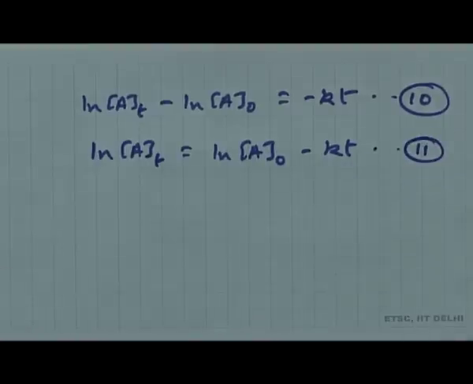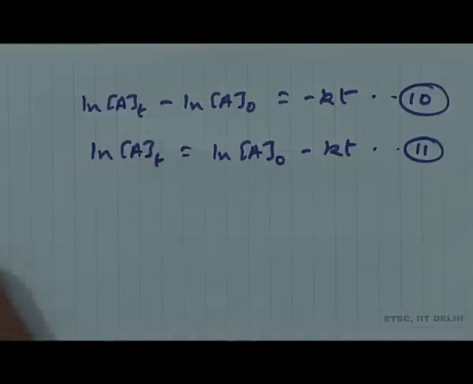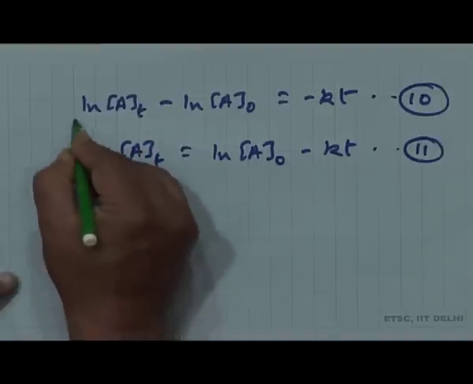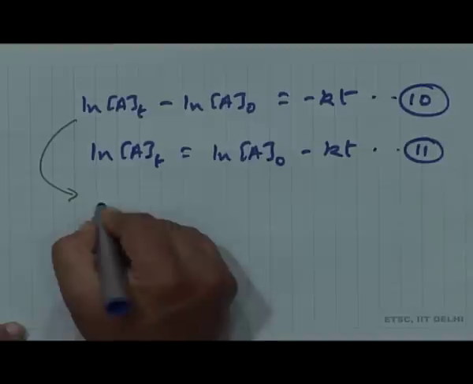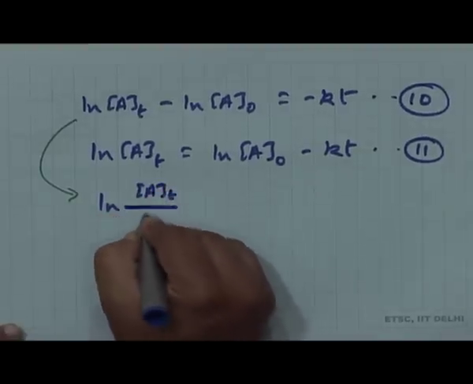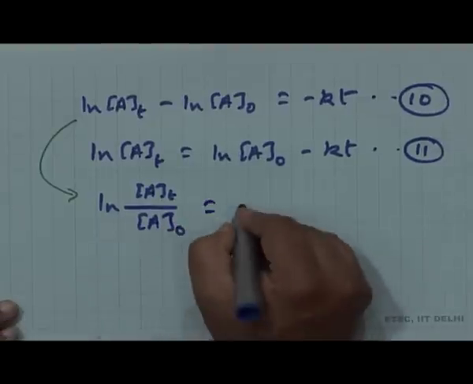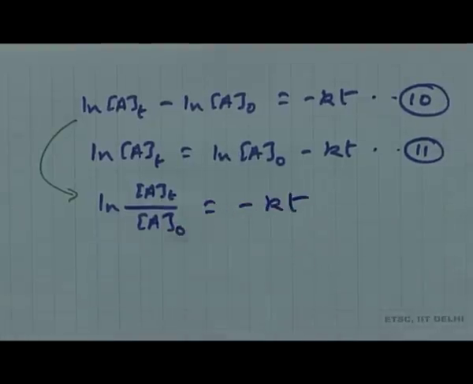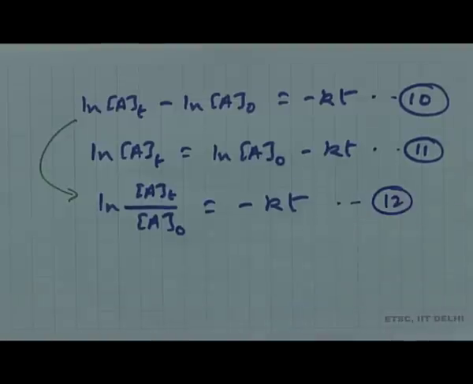Let this be 10, and 11, right. So, the other way of writing this equation is that, if I write it from here, I can write it as natural log A t over A naught is equal to minus K t, right. So, let this be 12, okay.